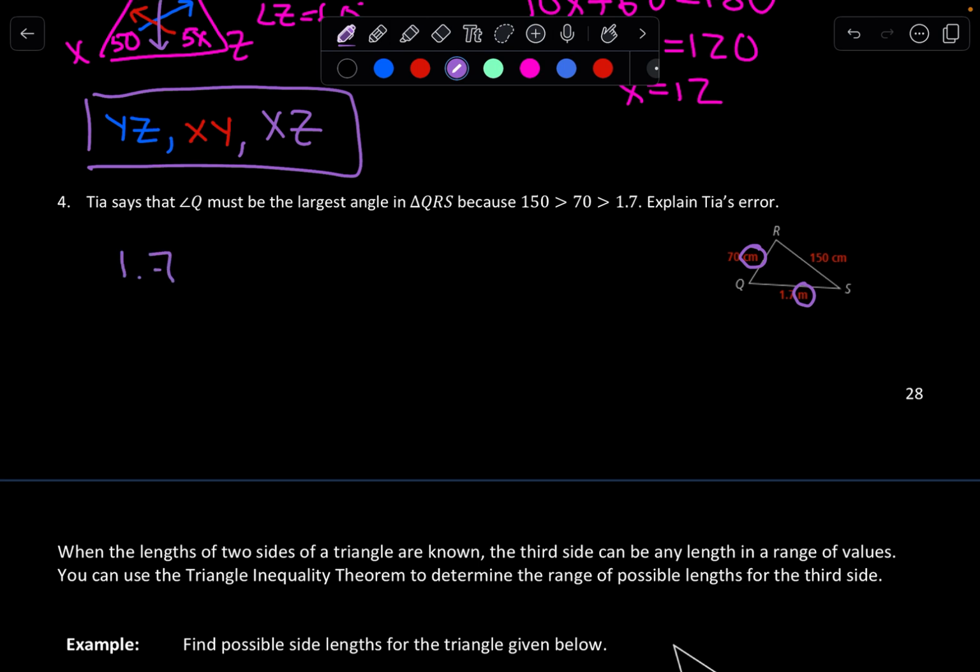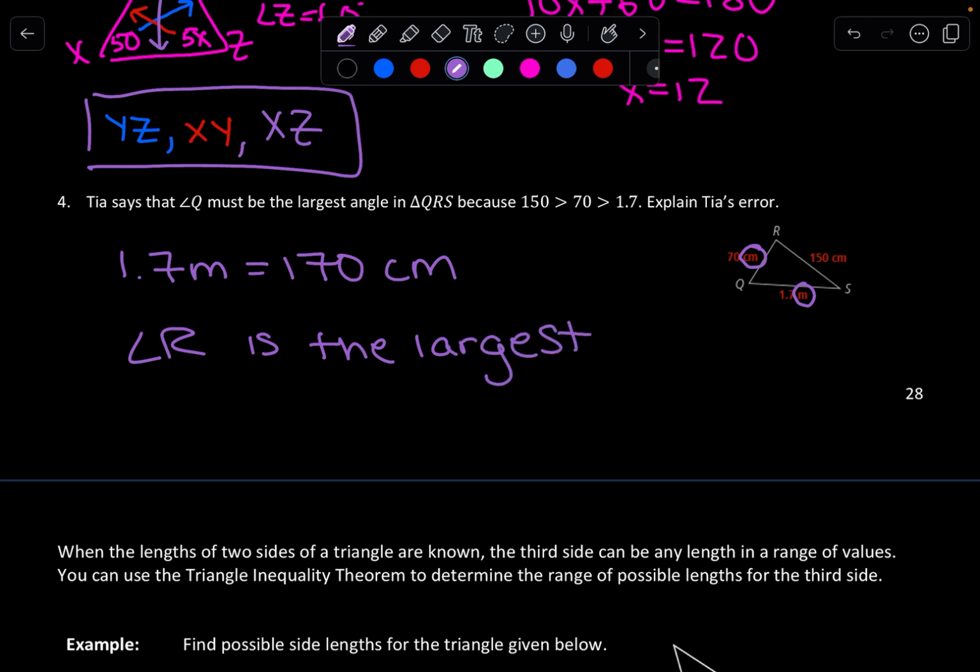So 1.7 meters is actually 170 centimeters if you convert it, which means that angle R is the largest angle.